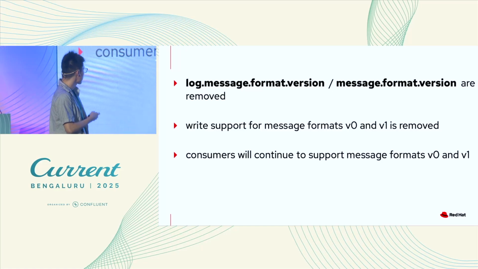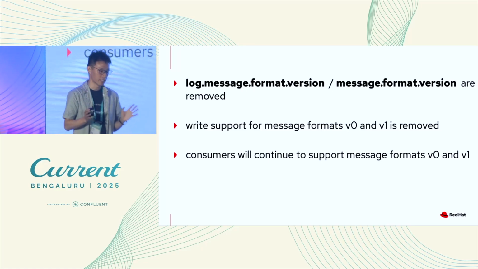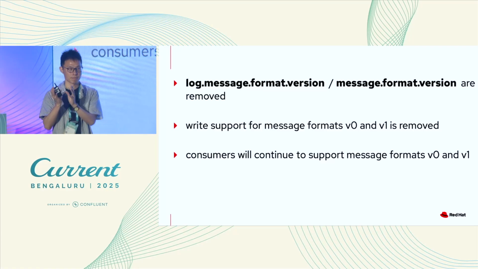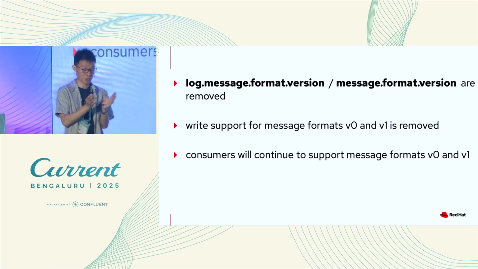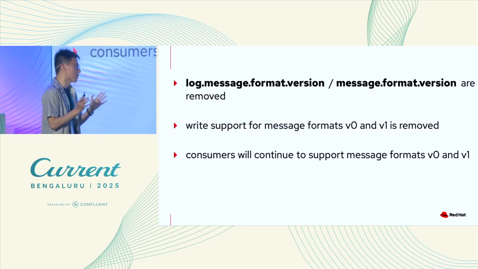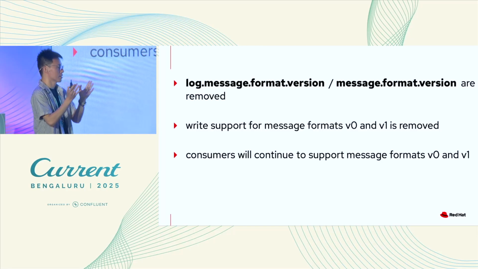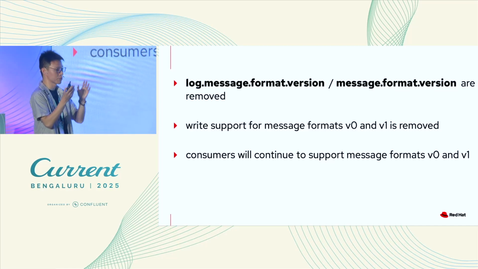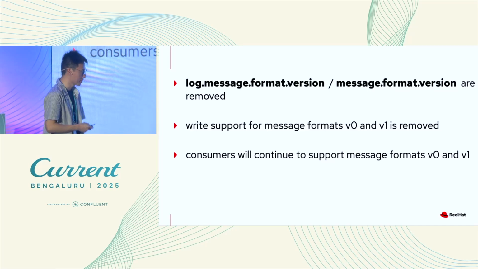On the consumer side, everything will be as usual because there might be some old data stored in the broker, and we don't want to break the consumer's ability to consume from them. So it's still normal as before. You can still consume data from a broker if the data is in message format 0 or 1. Just the producer cannot write data with message format 0 or 1. Okay?